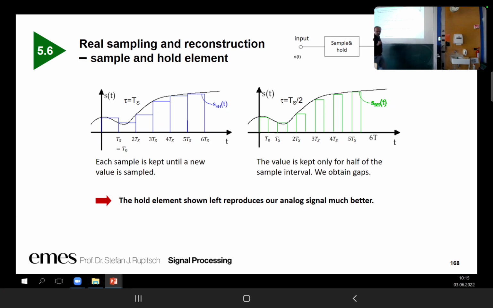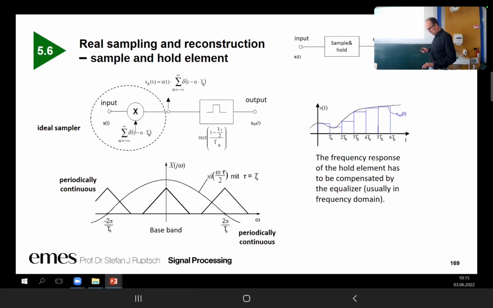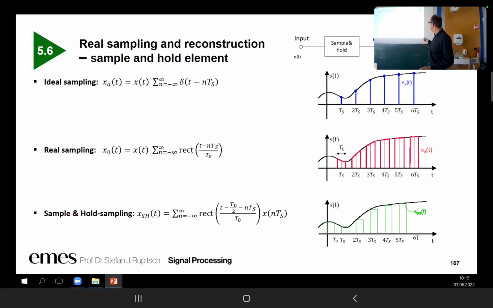Are there any further questions concerning sampling? I think you understand it. To produce Dirac pulses is impossible. The real sampling would look like this.